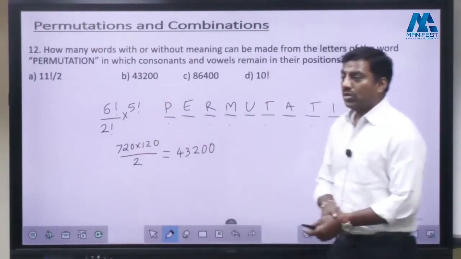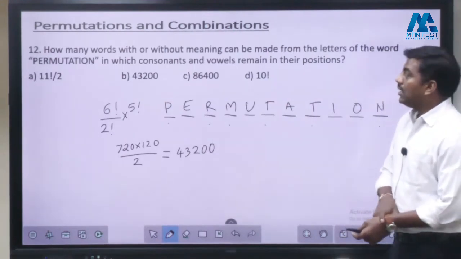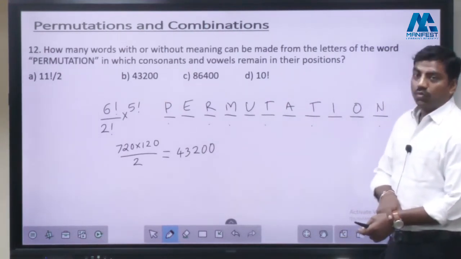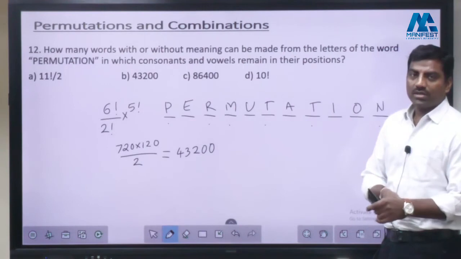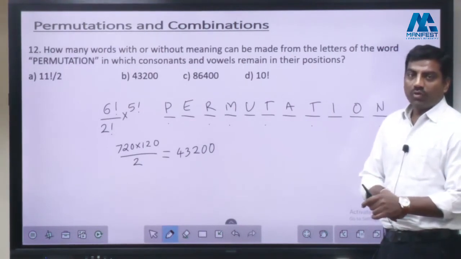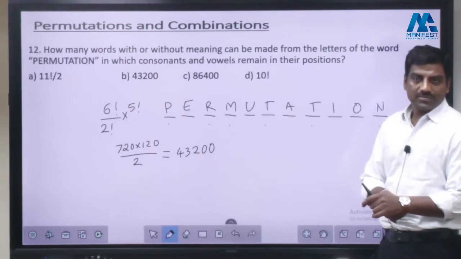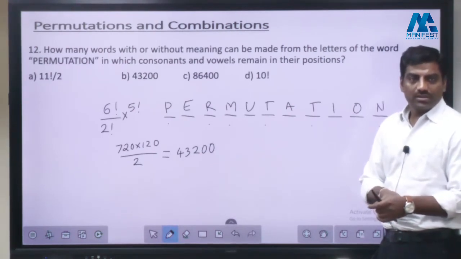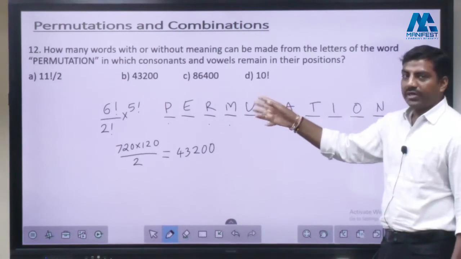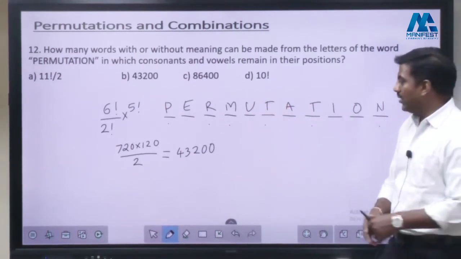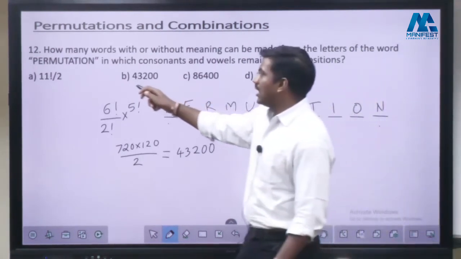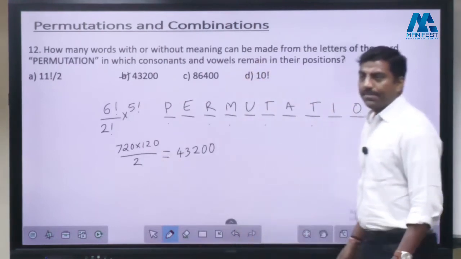Then coming to the vowels, E, U, A, I, O. Again, interchange the vowels' positions: 5 seats and 5 persons, 5 factorial. So 6 factorial divided by 2 factorial into 5 factorial. So totally 43,200. Done?